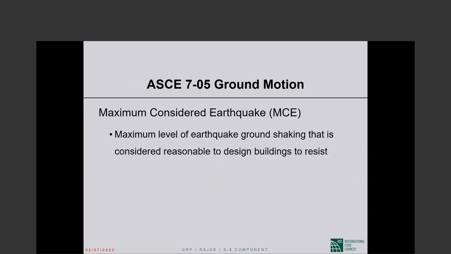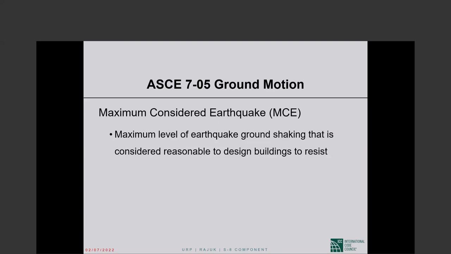Now the maximum considered earthquake. This is defined in the NEHRP provisions. I think I have mentioned those National Earthquake Hazards Reduction Program provisions, which act as a resource document for ASCE 7 and the model codes.